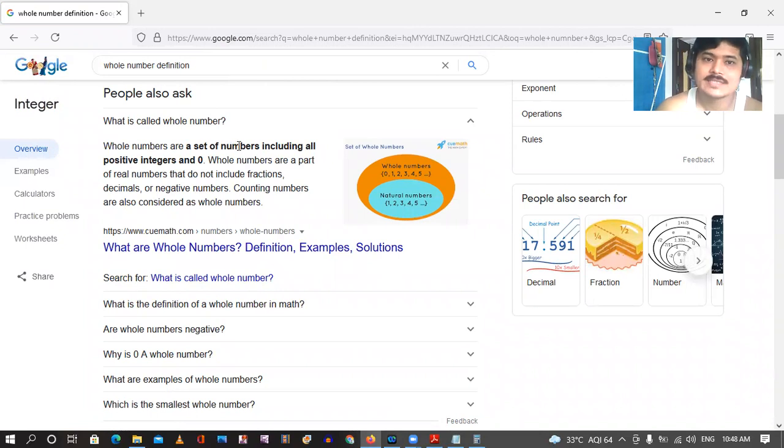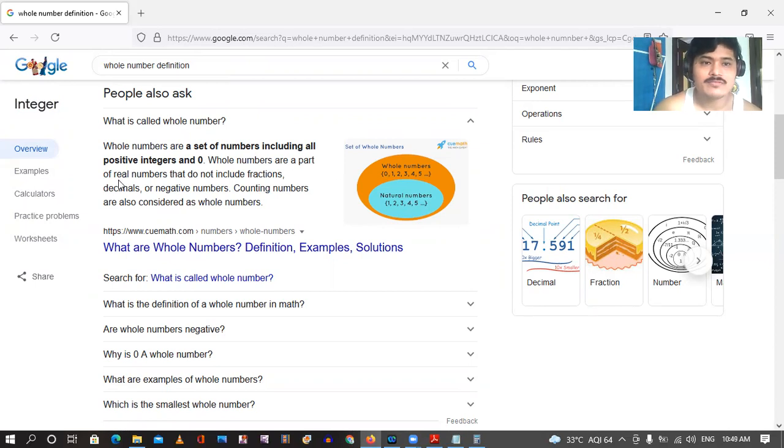Whole numbers are the set of numbers including all positive integers and zero. Just a few minutes back I told you integer means starting from negative to positive. It can be any number, the only thing is it should not be a fraction. But whole number is just starting from zero towards positive, in the number line from zero towards the right side.